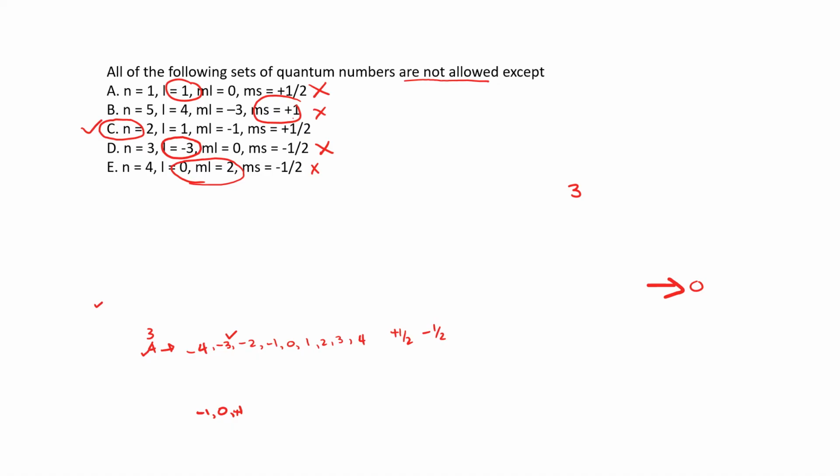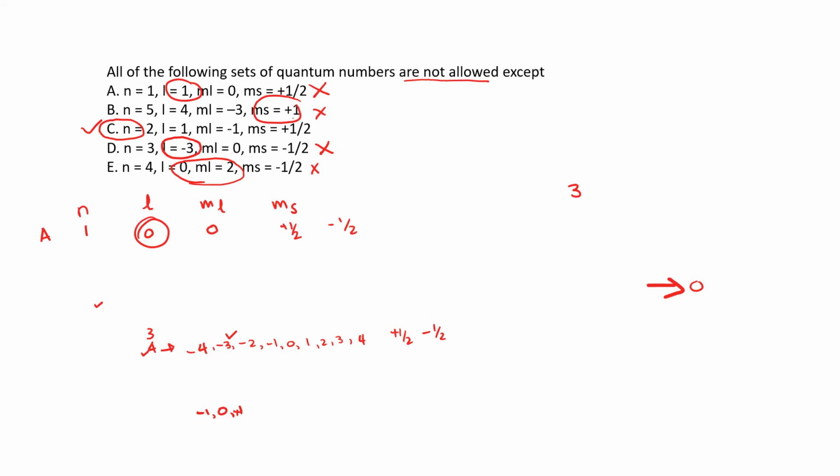All of the following sets of quantum numbers are not allowed except, that means there's one set that is allowed. So let's go for it. Let's do part A. n equals 1, that is your principal quantum number is 1. And if it is 1, you can have l only 0.